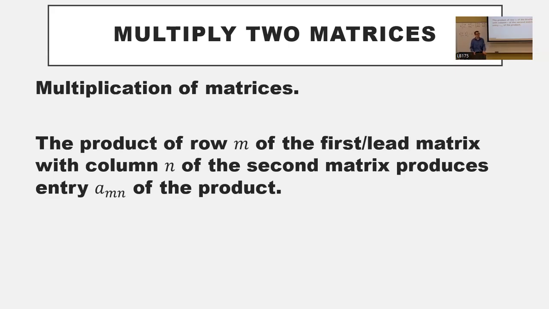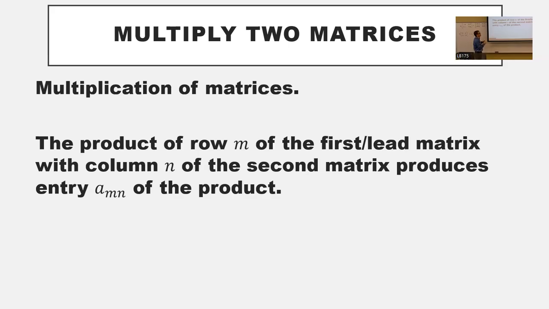When you multiply matrices, what you do is you take row M of the first matrix, called the lead matrix, and you multiply it times column N of the second matrix, the following matrix.